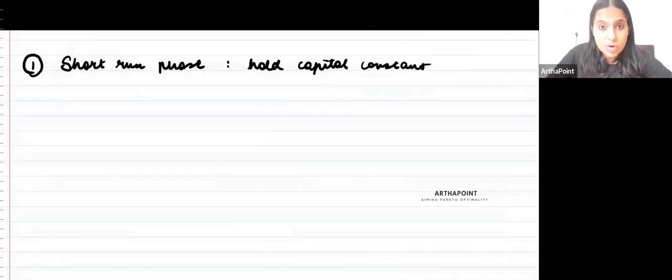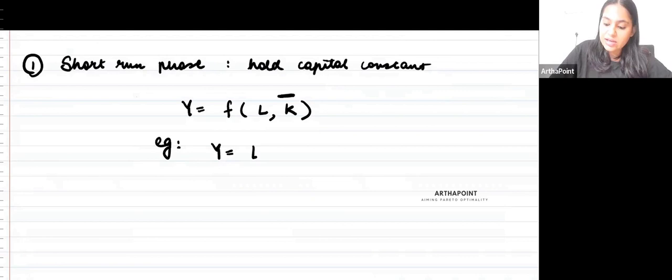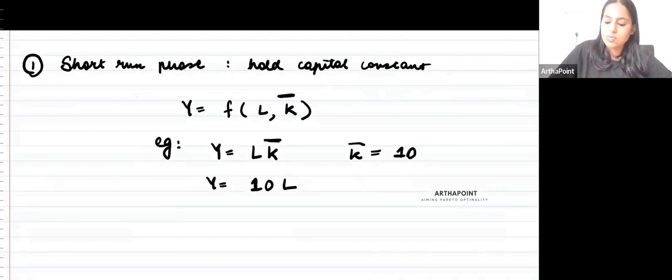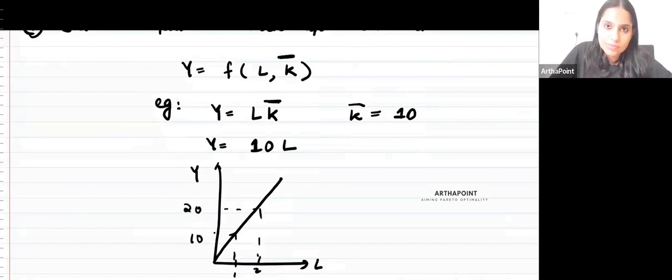So if capital is constant, then output is a function of labor and capital, but capital is constant. For example, y is L into K, but K is constant at some level, so it becomes y equals 10 times L. Now you just plot this between y and L. If L is 1, y is 10. If L is 2, y is 20, and so on. This is the first way of doing it.